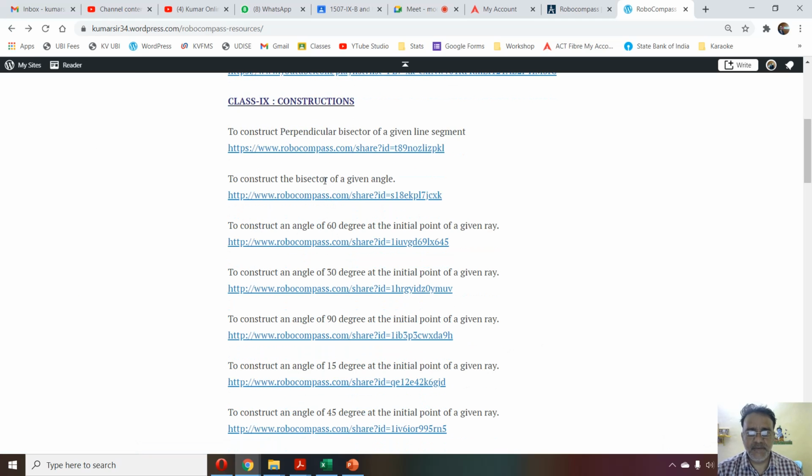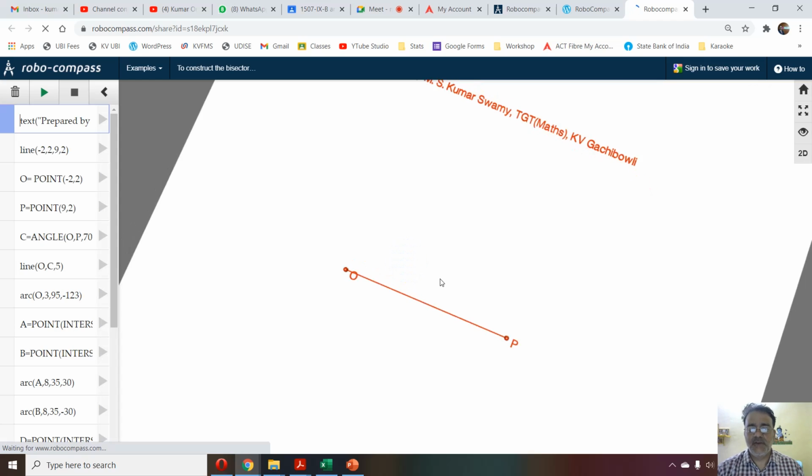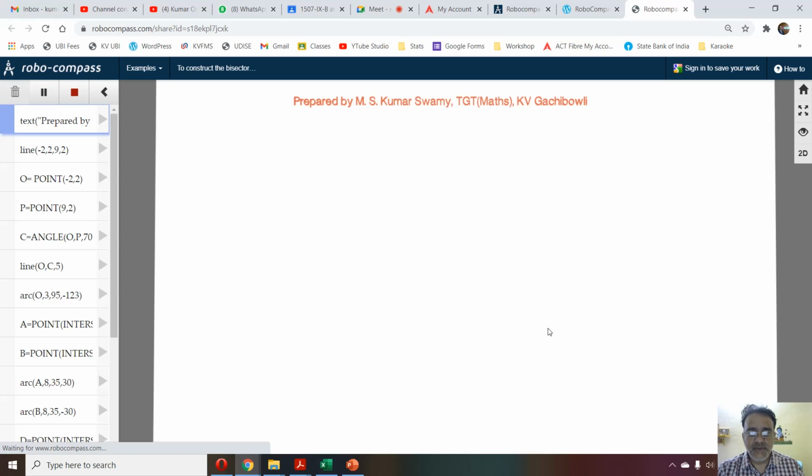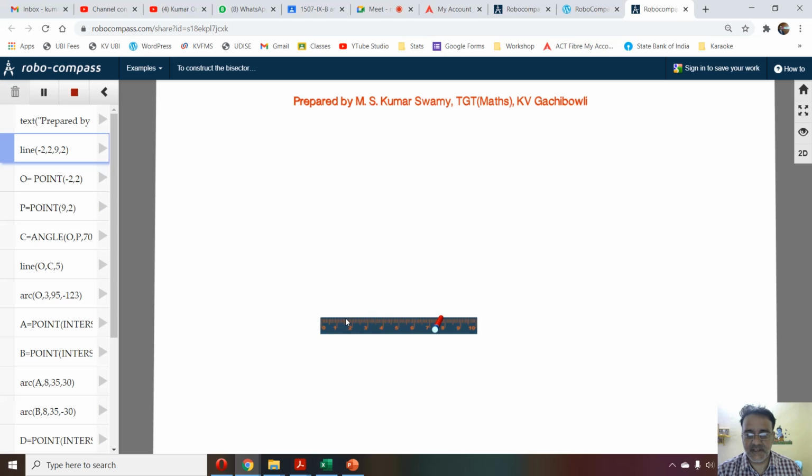To construct bisector of a given angle. We will draw one angle, so we are going to draw 70 degree. Okay, so first we are going to draw one line, we will draw a line using ruler.